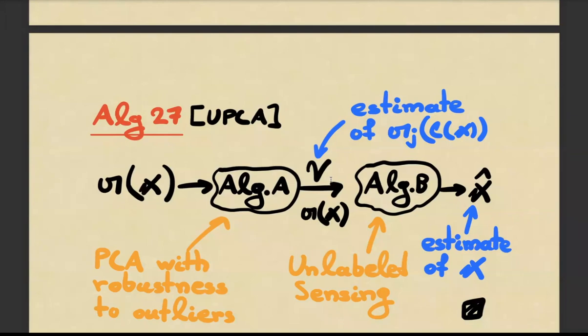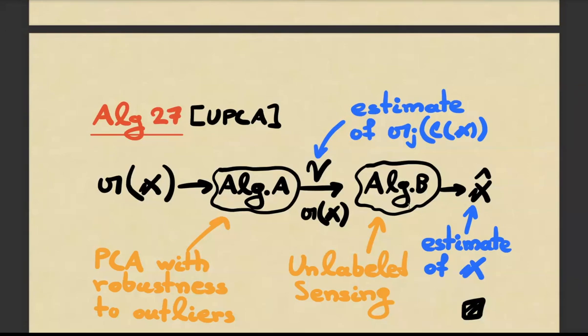Then we have two things. We have the permuted version of X and this linear subspace. This linear subspace can be viewed as an estimate of the column space of X. But now, since we have a subspace and we have the permuted data, that's exactly what unlabeled sensing does.